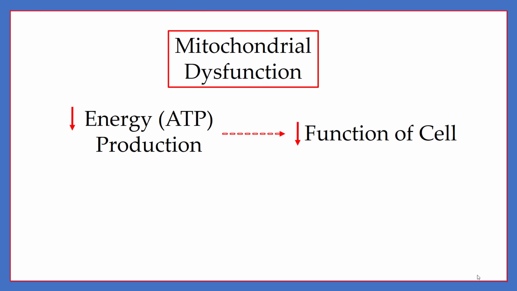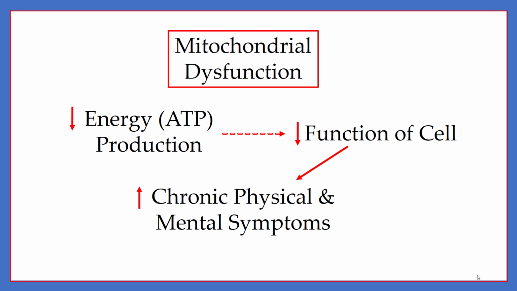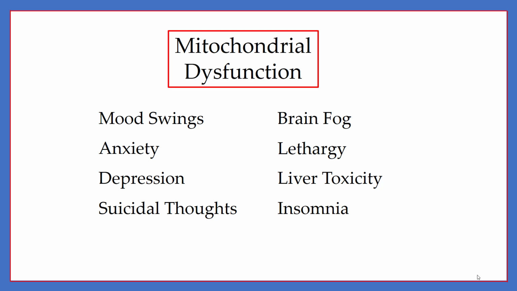And when the ATP production goes low, all the cells of the body, brain cells producing serotonin and whatever neurotransmitter it might be, begin to decline in their function, which leads to chronic physical and mental symptoms. These are just general symptoms, but they can also cause various chronic illnesses related to neurological issues, etc.